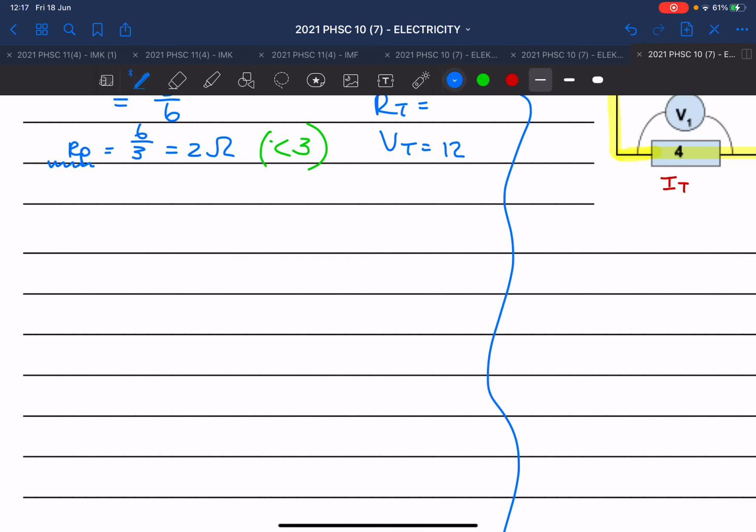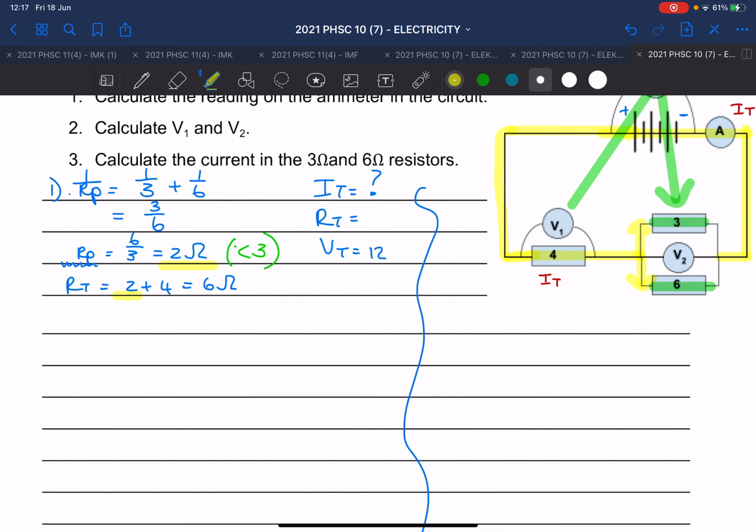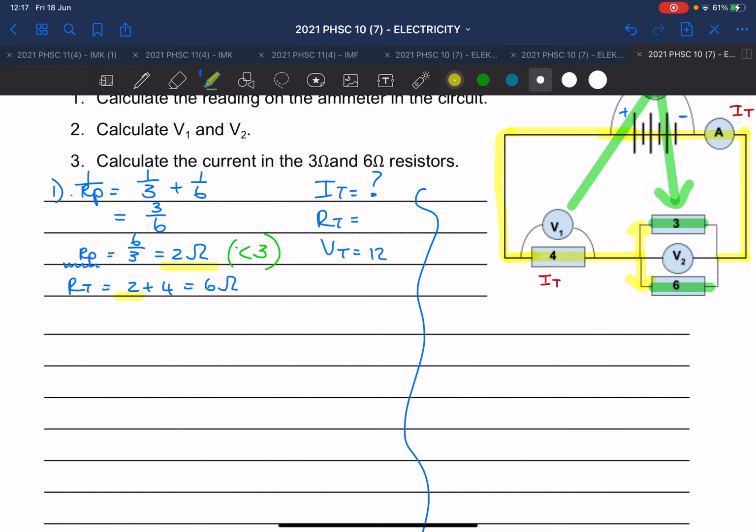So the total resistance is 2 plus 4, and that gives you 6 ohm. So that 2 comes from there. Now we know the total resistance is 6.